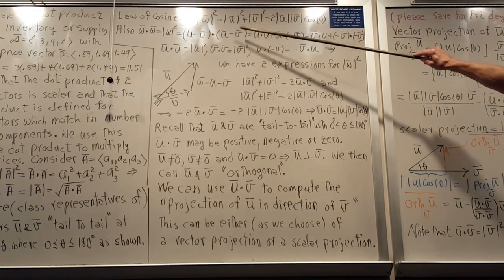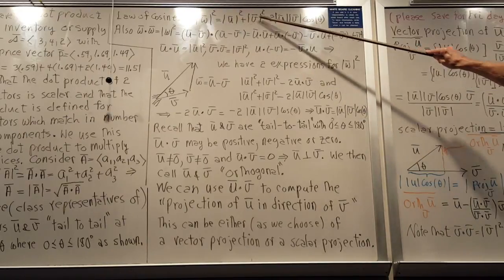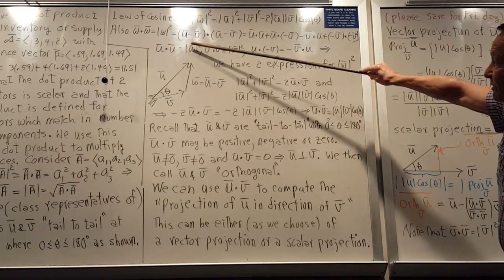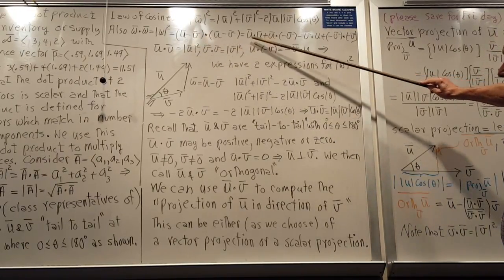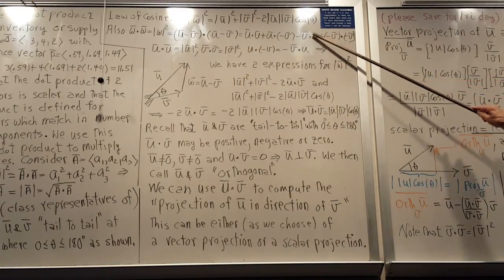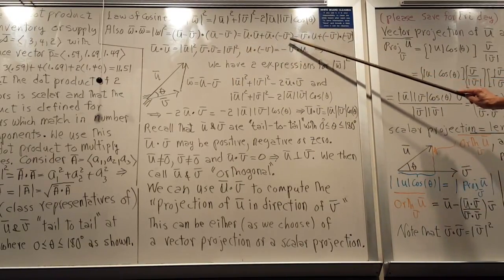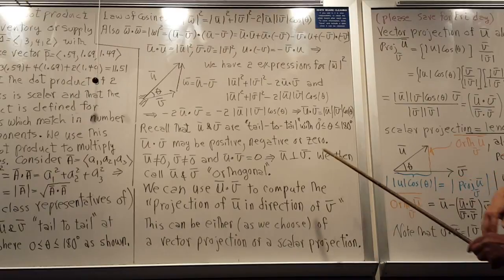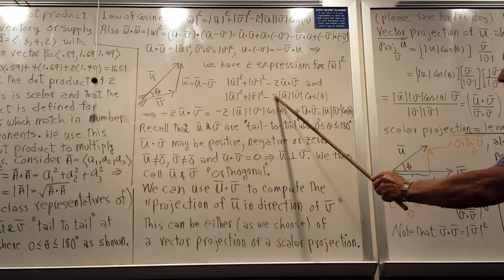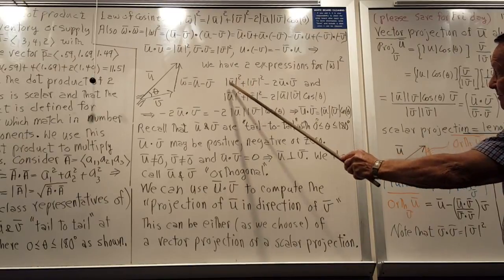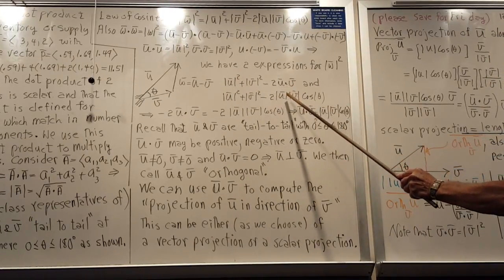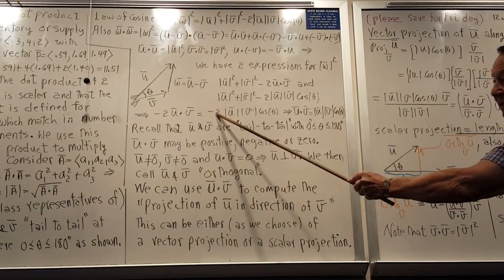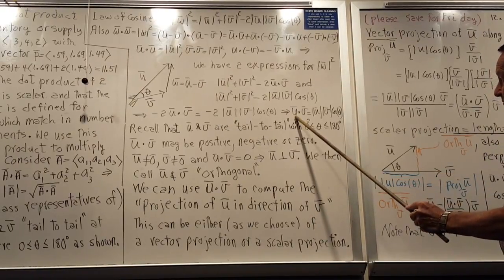You have the expression from the law of cosines up here, which is this line, and then you have what this is, which is magnitude U squared plus magnitude V squared, and then the two of these, which are the same, so minus 2 U dot V. If they are the same, then these match, those match, that means this equals this, which I have here, and then you can divide both sides by minus 2, and it leaves you this.